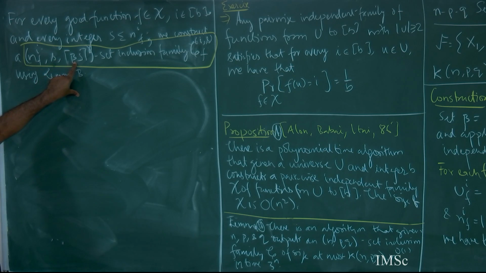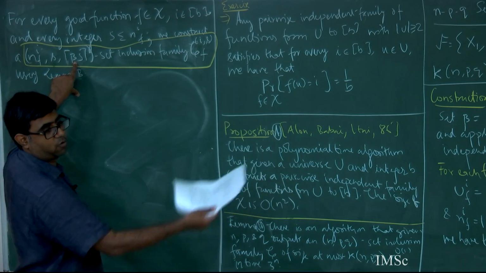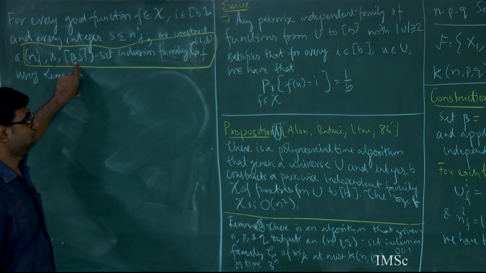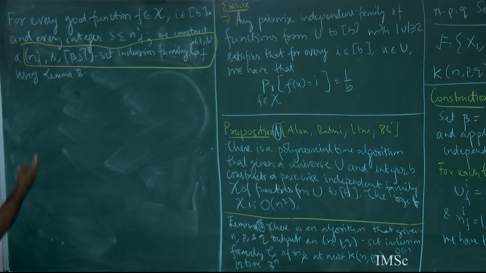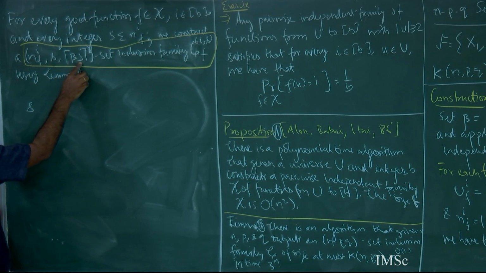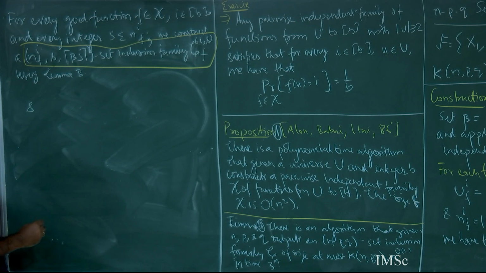Now, what is beta s? It is basically the appropriate fraction of that which I would like to cover. Suppose I have an s size object and I have covered beta s here, right? So what is beta? It is q by p, right?